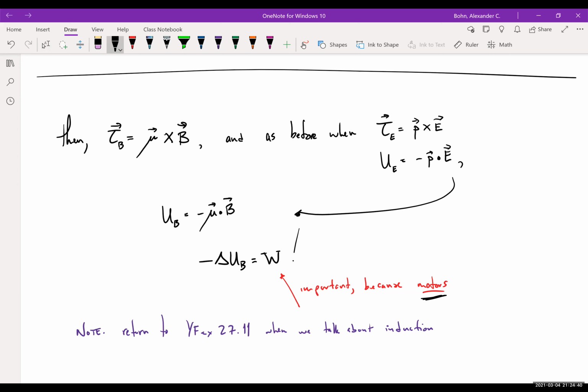We can use the torque exerted by a magnetic field on a current loop to convert electric energy into mechanical energy. Up until now, see, this is cool.